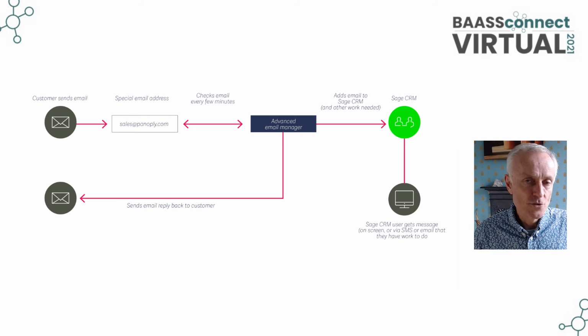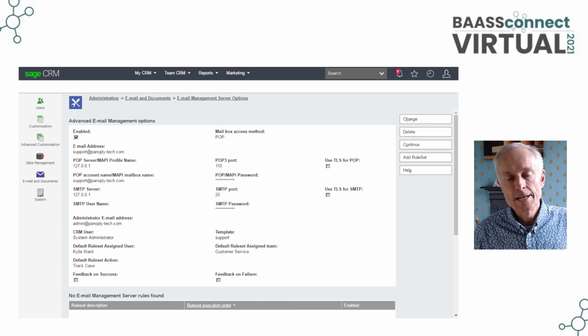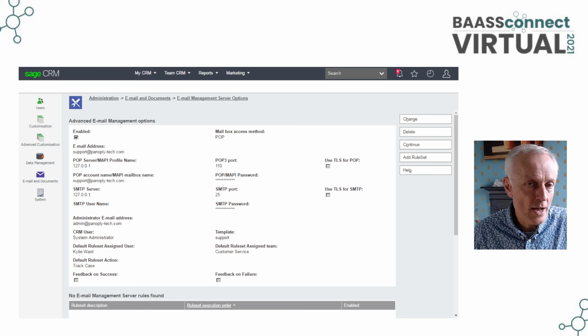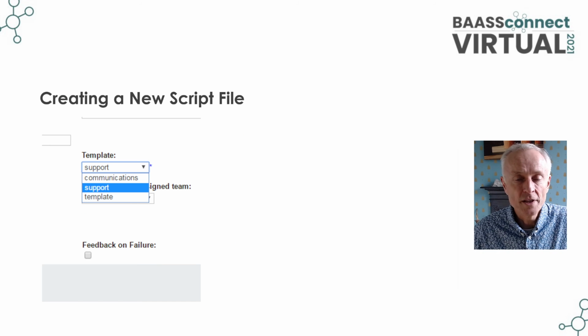And it does this through the processing of script files. Now, you do need to have a bit more of an understanding of scripting and how it works, but it's fairly straightforward once you see a few examples. This is where you set it up in the system admin part of the system, and you associate various templates against various email boxes, info at, service at, sales at, whatever.